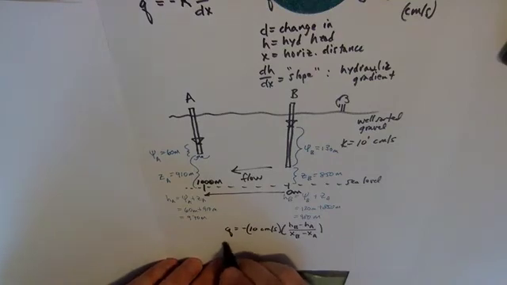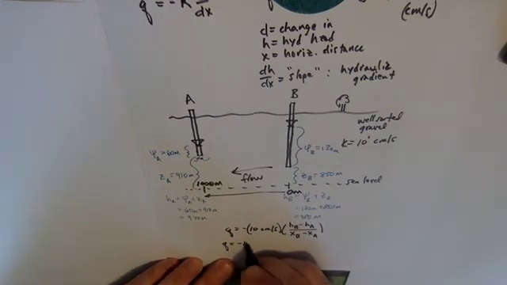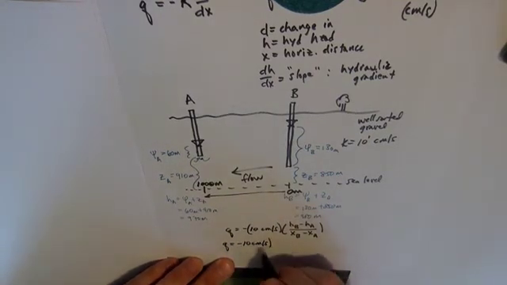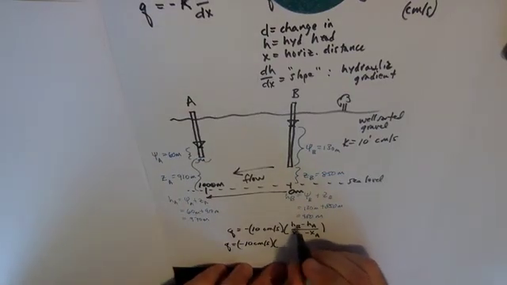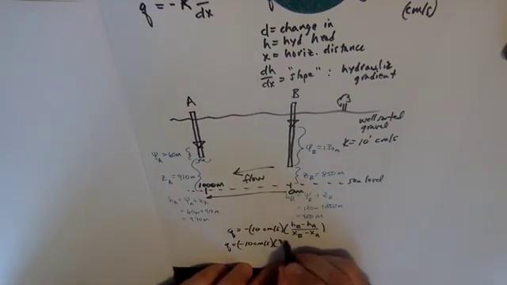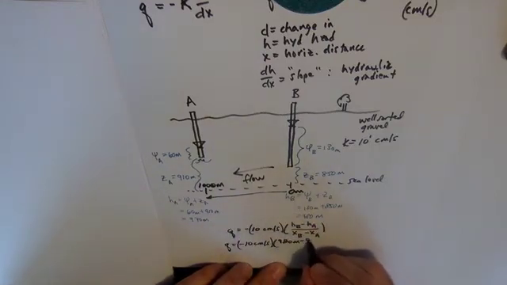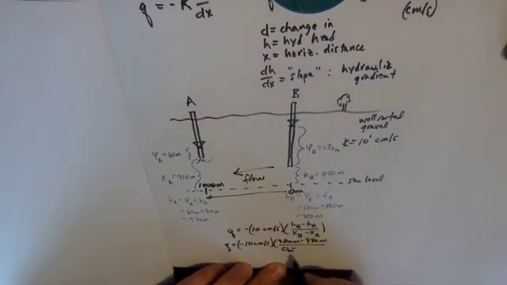So what we'd have then is Q equals negative 10 centimeters per second times the head at B, which is 980 meters, minus the head at A, which is 970 meters, over the X at B, which is 0 meters, minus the X at A, which is 1,000 meters.